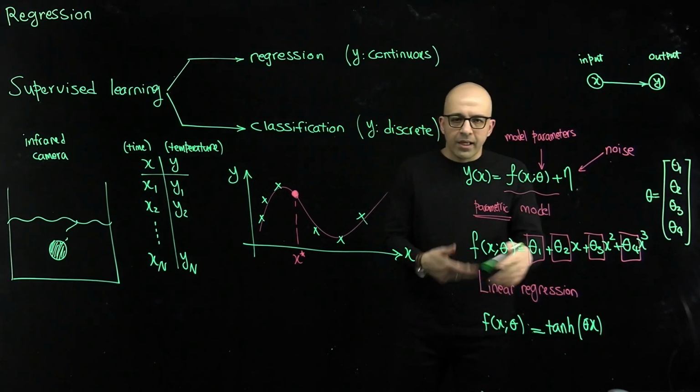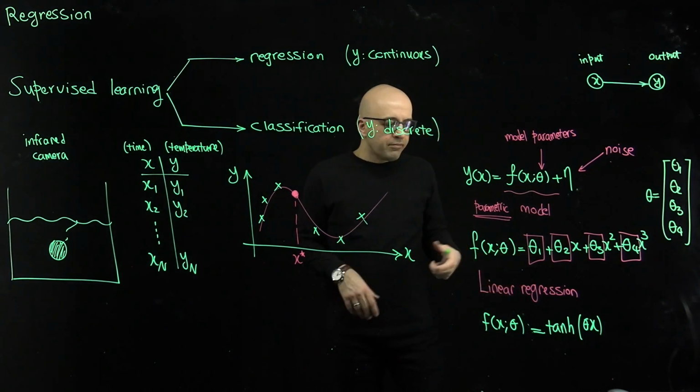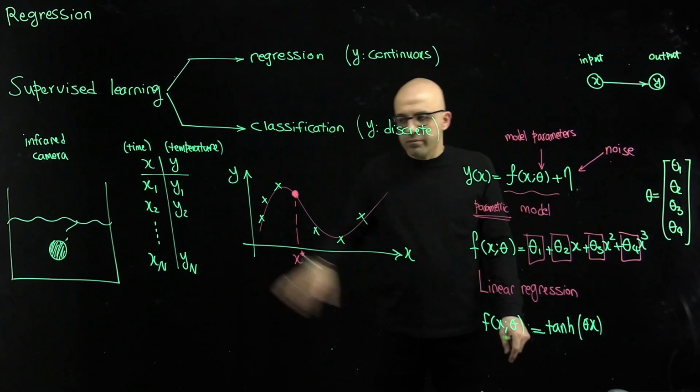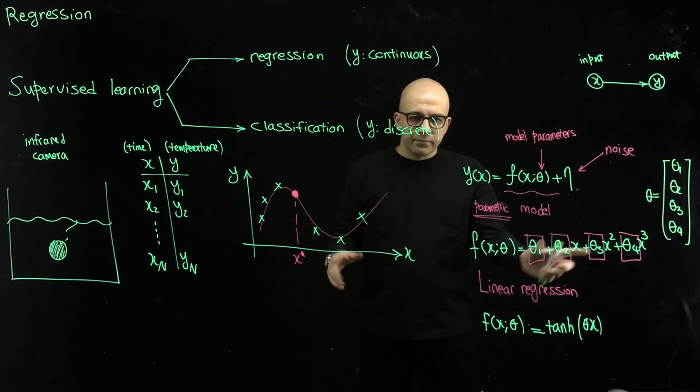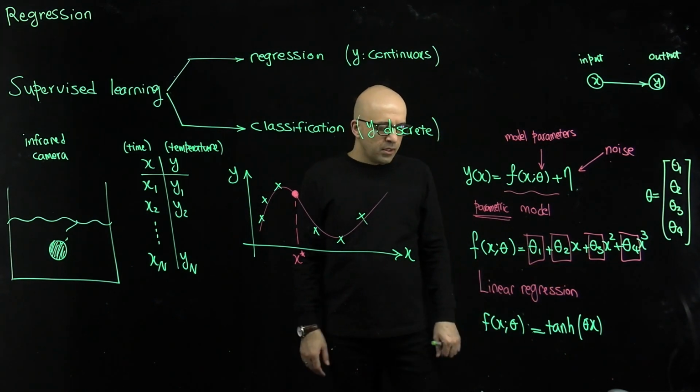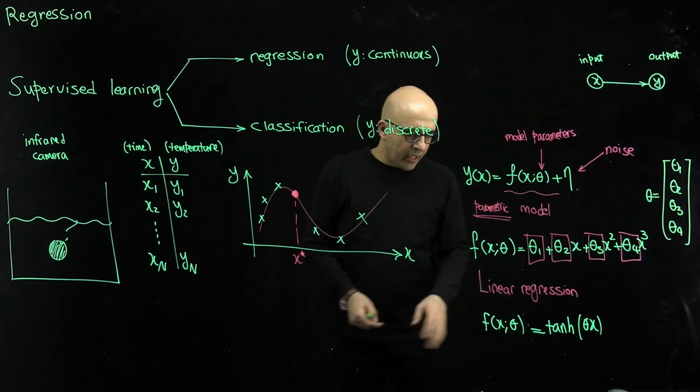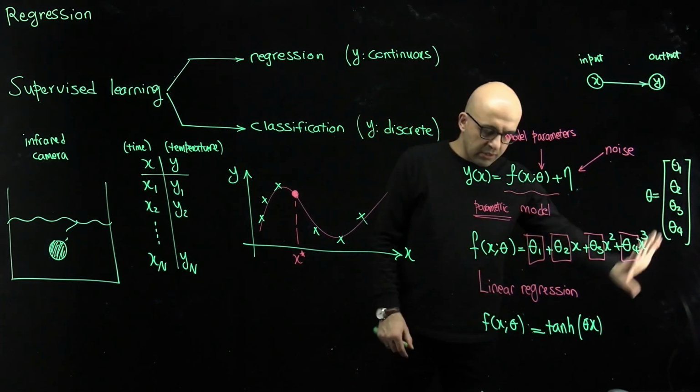And we will see that we have to employ different kinds of tools to find theta here from that data. But here, it's much easier. So this is the nonlinear model. And initially, we're just going to focus on linear model.